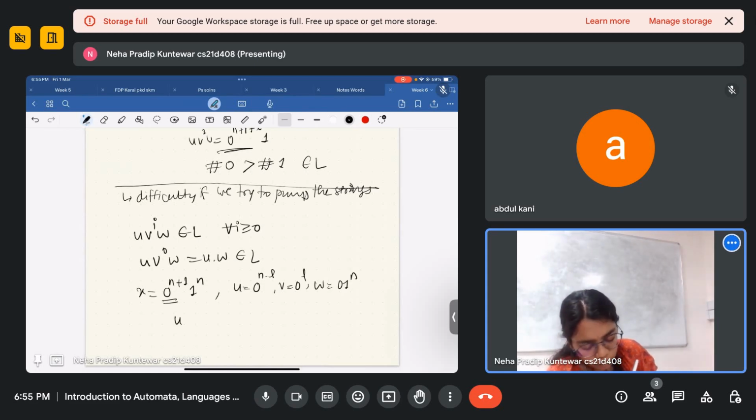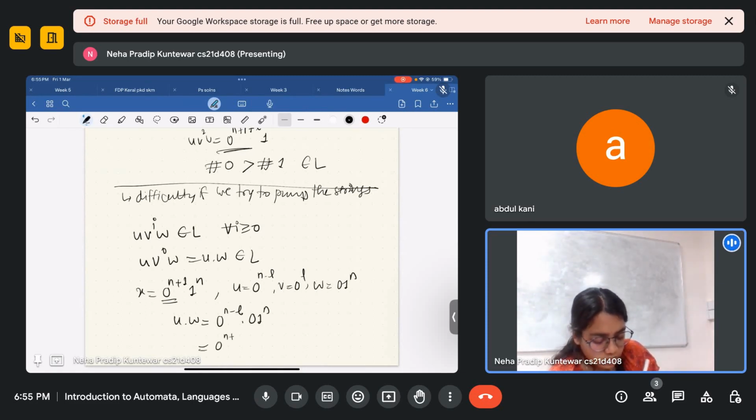Now what is u concatenated with w? It is nothing but 0 to the n minus l concatenated with 0, 1 to the n, which is nothing but 0 to the n plus 1 minus l, 1 to the n, where n plus 1 minus l is less than or equal to n, because l is greater than or equal to 1.